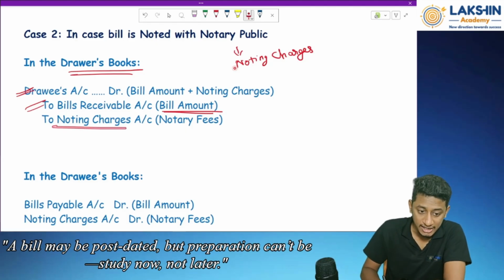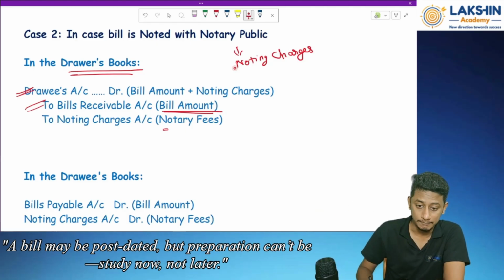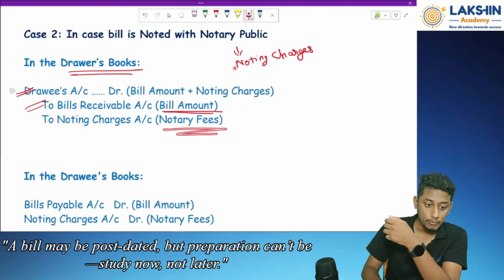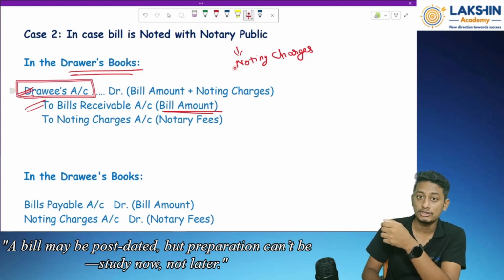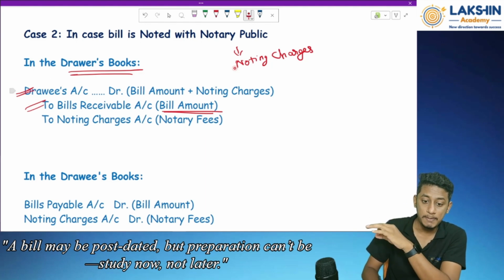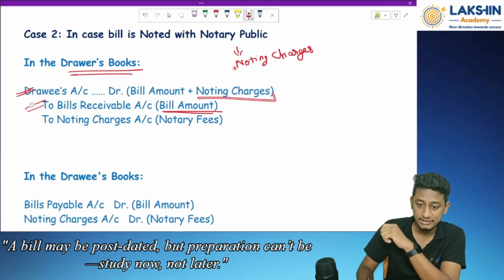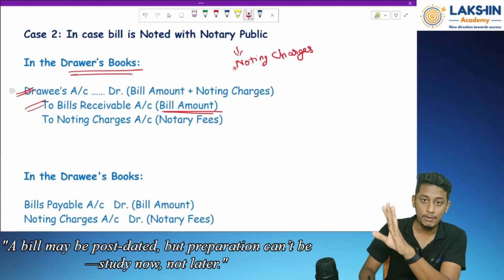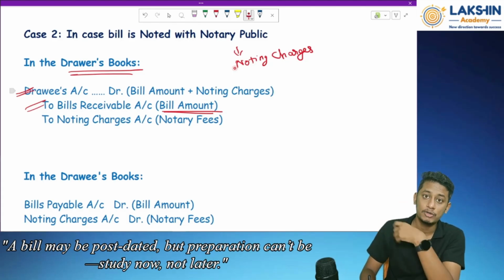So, I am crediting the noting charges account so that it will be shown as an income. At the end of the day, Mr. B, the drawee, will be payable for the bill amount, that is my actual sale amount, plus whatever noting charges are payable. Clear? So, the total amount will be payable by Mr. B to Mr. A.